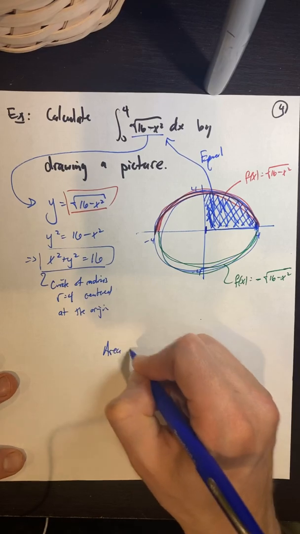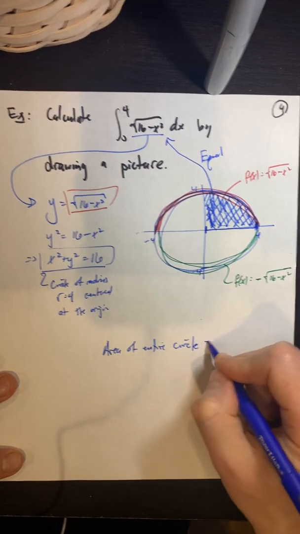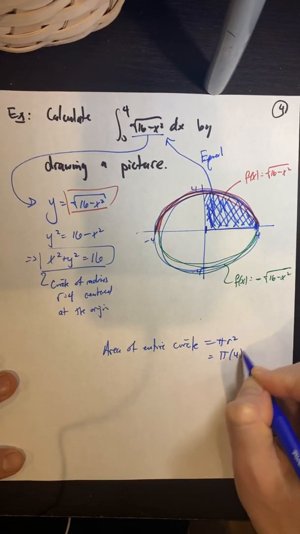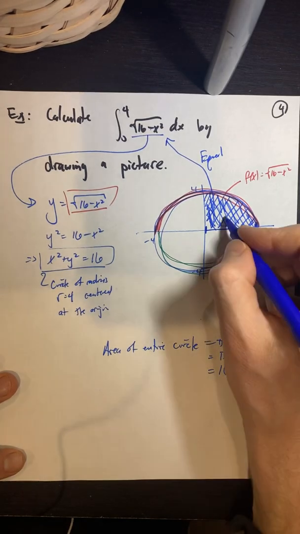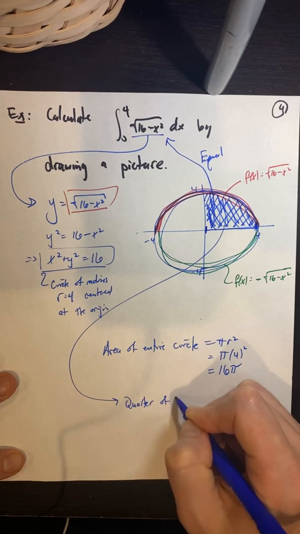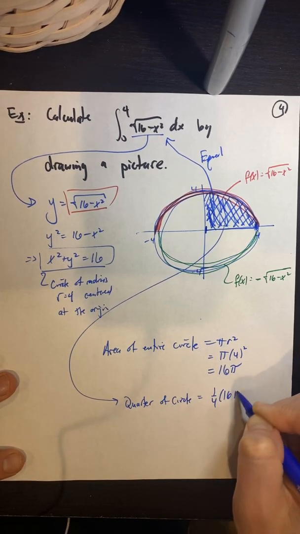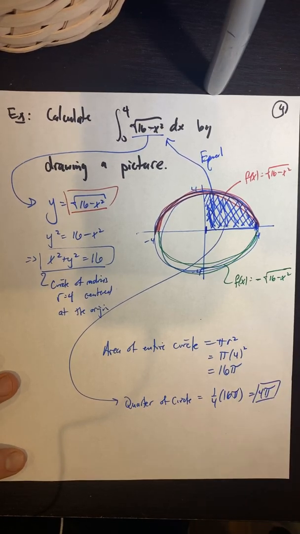So the area of the entire circle is pi r squared. So the entire circle would be pi times 4 squared, which is 16 pi. But this is only a quarter of it. So I'd just take 1/4 of 16 pi. So the answer is 4 pi.